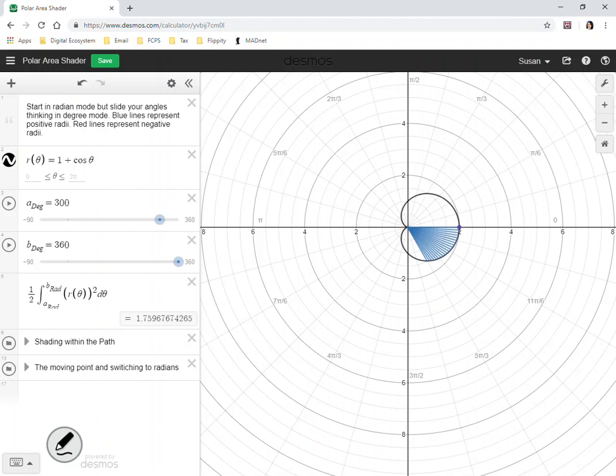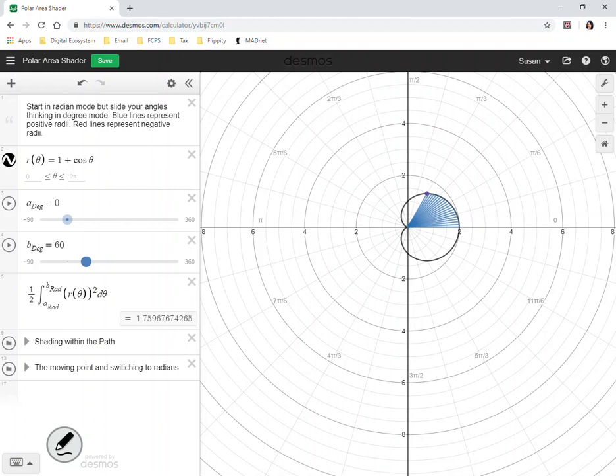This is 2 pi. You could go from 5 pi over 3 to 7 pi over 3. Also, you could go from 0 to pi over 3 and then double it.